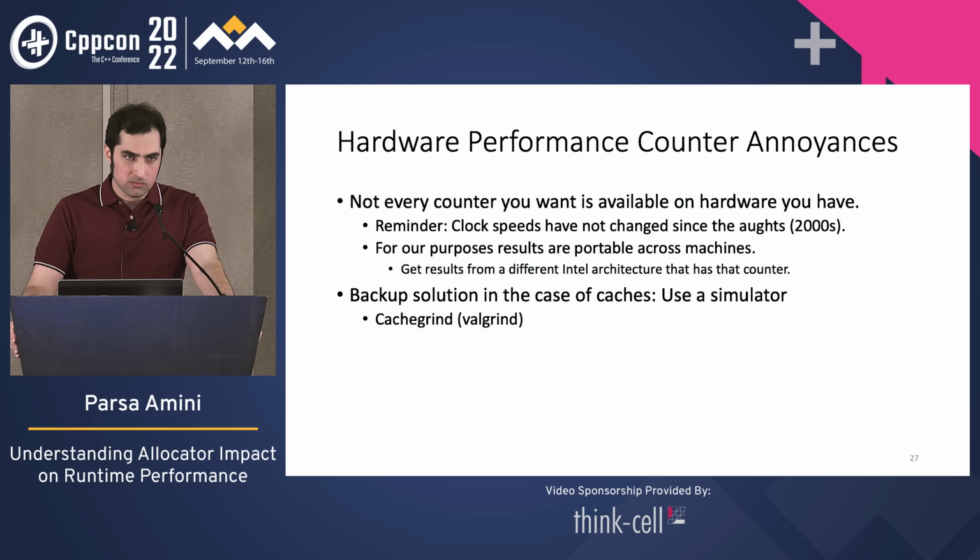And memories are not significantly faster either, which means we can do our measurements on hardware that we know has the counters we want, and our results are more or less portable. Just use a different Intel architecture that you know has the counter. And if everything else fails, then in the case of caches at least, there's one thing you can do: you can use a simulator, you can use Cachegrind. Your results are not going to be as accurate, but it helps you understand what your code does.